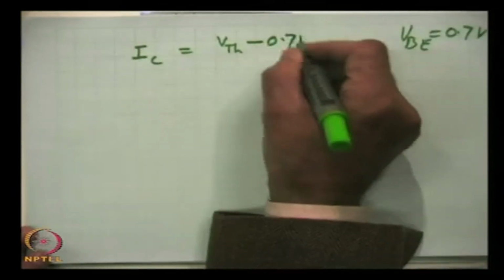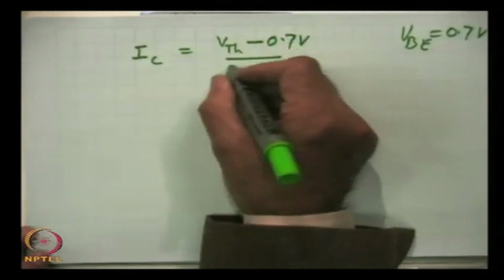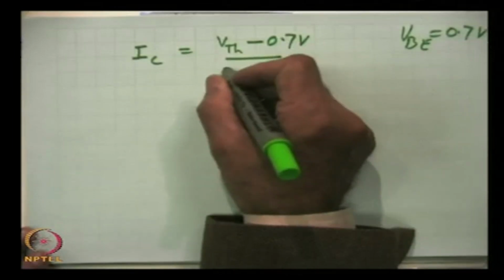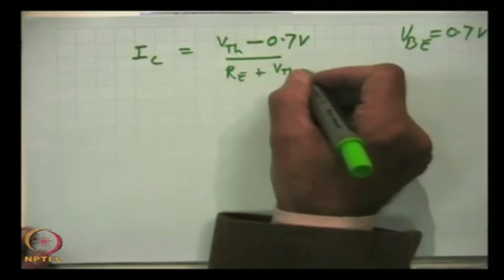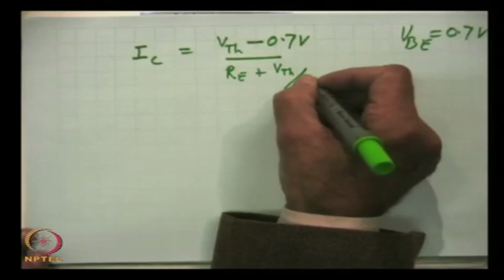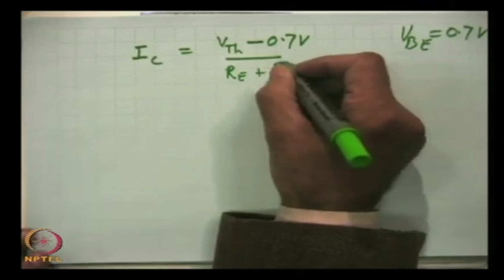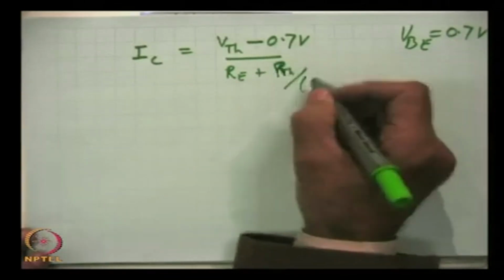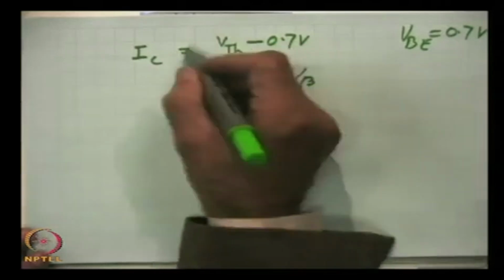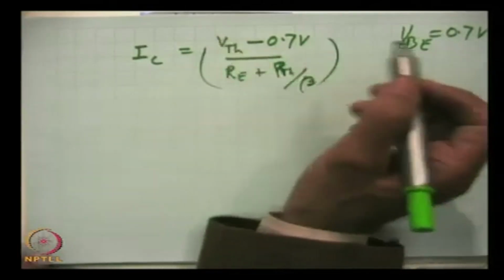So, IC equals VTH minus 0.7 volts divided by RE plus RTH by beta.